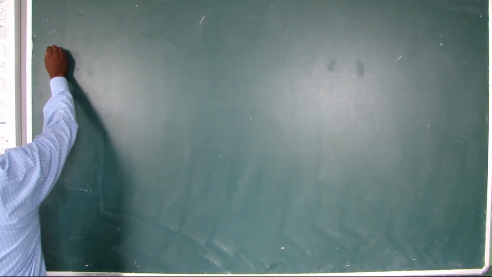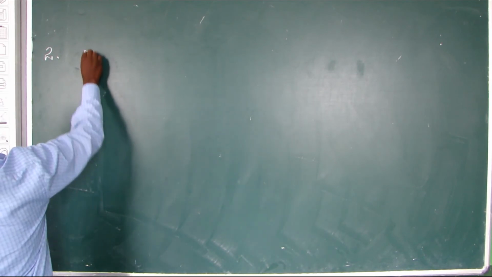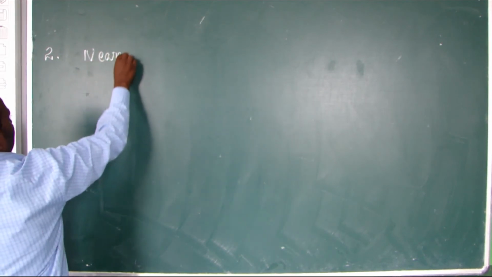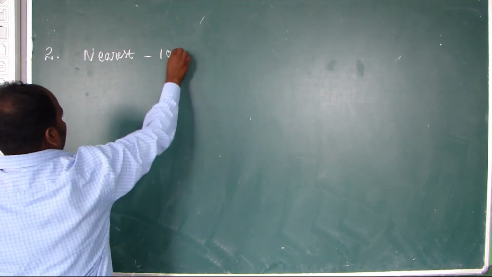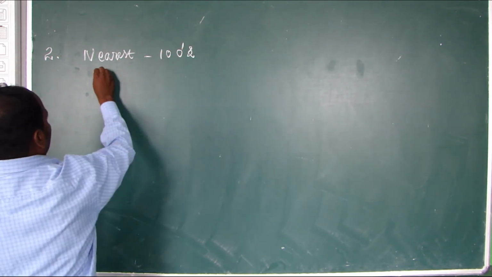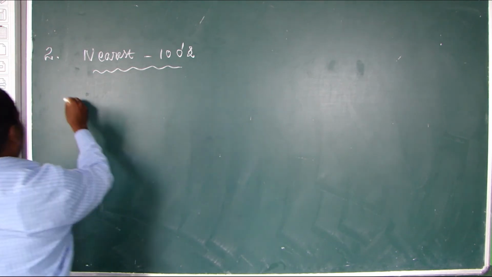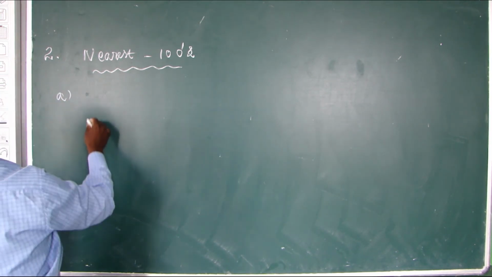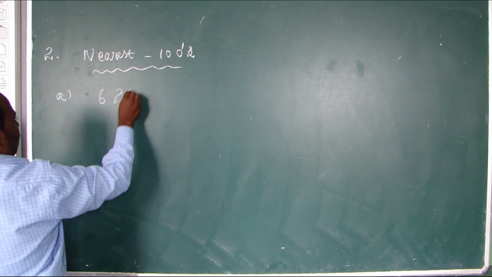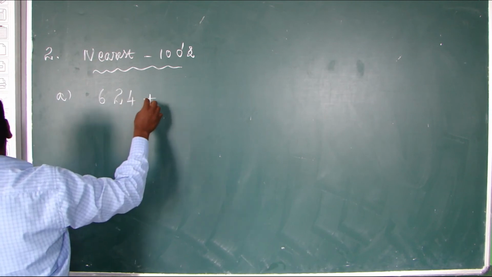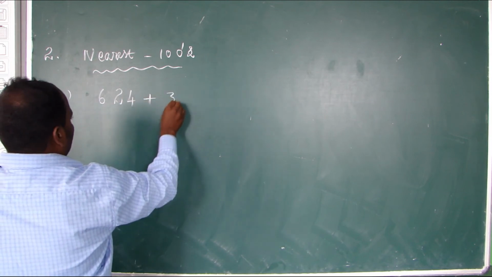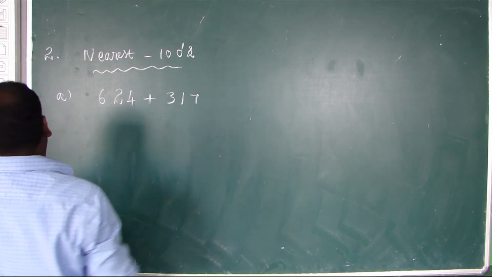Next we go to the second problem: nearest hundreds. 624 plus 317.